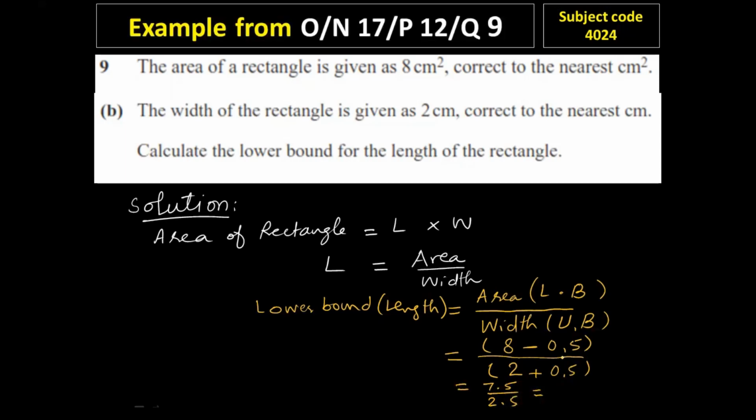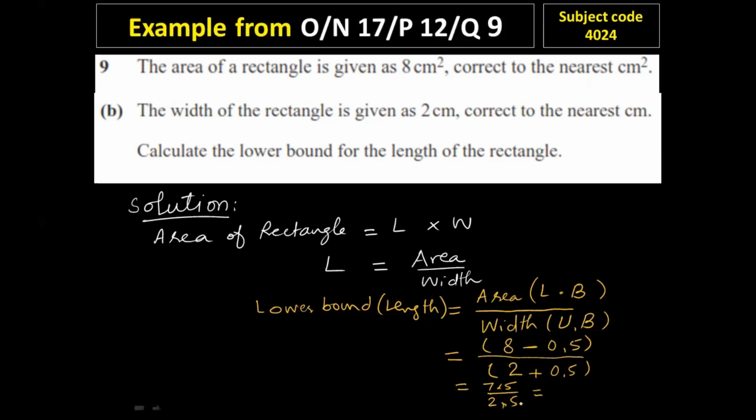You cannot use a calculator because this is paper 1, 2017, paper 1, variant 2. So 7.5 over 2.5, remove the decimal here.